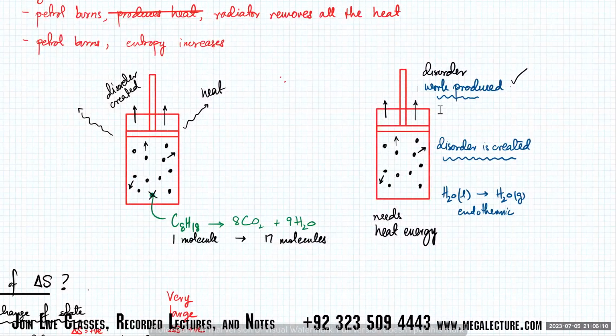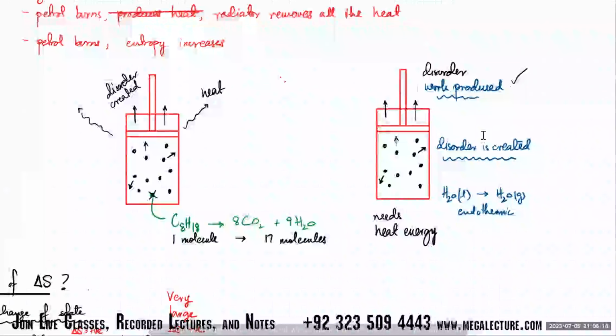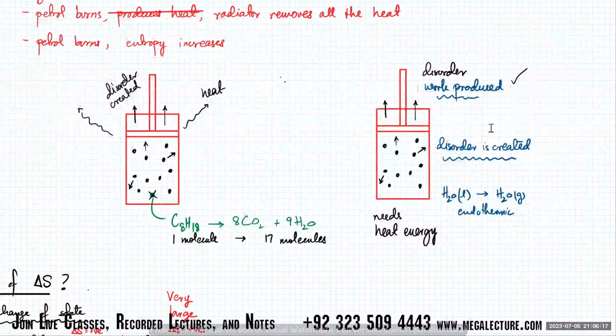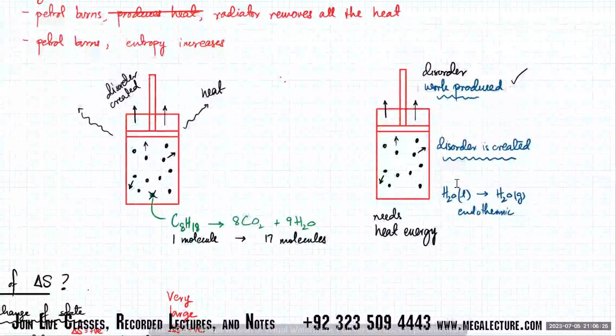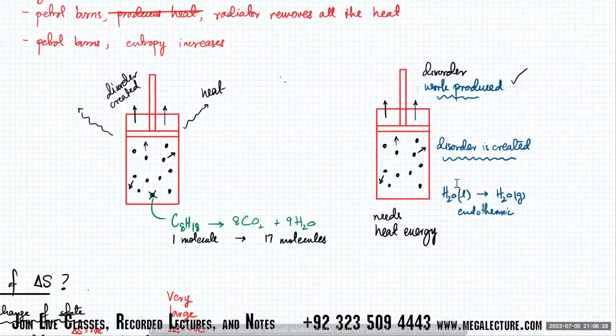So this piston is not going to move at a lower temperature. That thing will work at a lower temperature, but this will not. But this will work at higher temperatures because it needs energy, so it will get that energy, and then it's going to produce work, right?